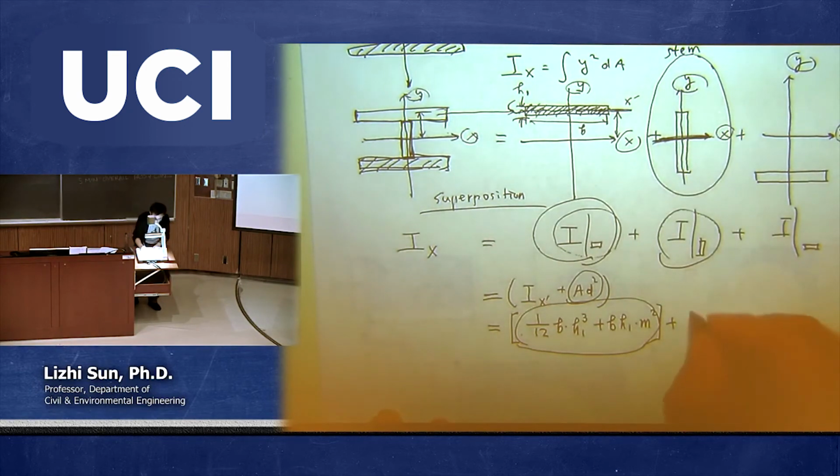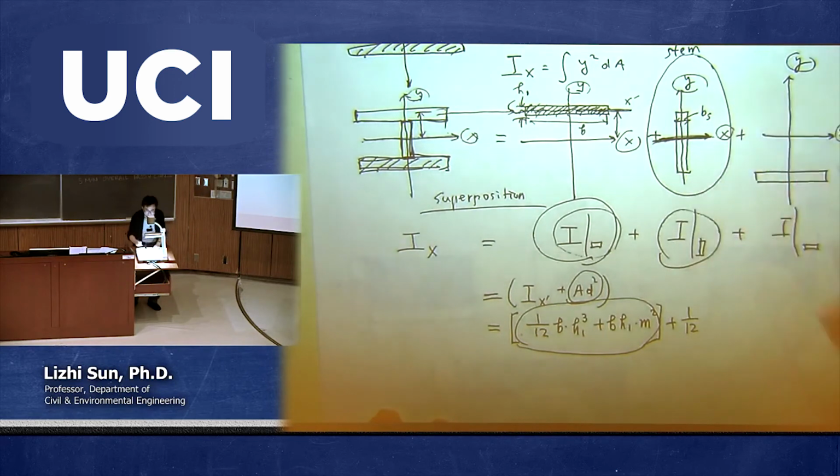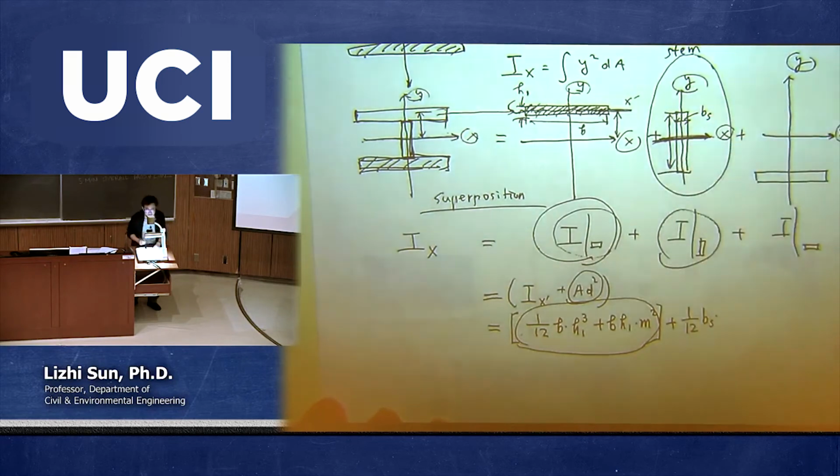So it is 1 over 12 b h cubed. This time there's a different b, right? This is bs, the b based on the stand part, multiplied with h cubed. The h is the height of this stand, so let's call it hs cubed.